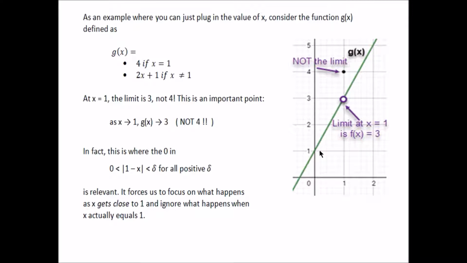It is not 4. As x gets closer and closer to 1, g of x gets closer and closer to 3. Now yes, if x equals 1, g of x is 4, but we are specifically excluding that with this 0 is less than here. We're saying we don't want to consider when x equals 1. We just want to consider what happens when x gets close to 1. Okay?